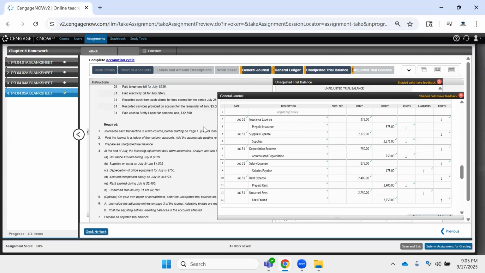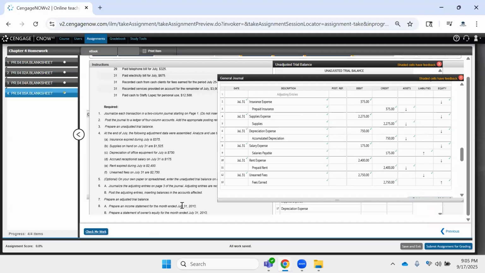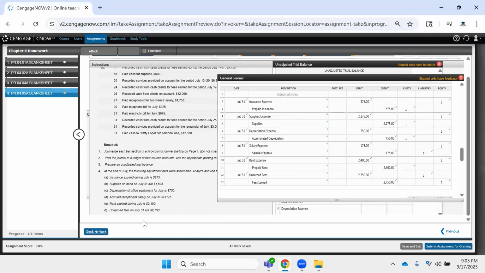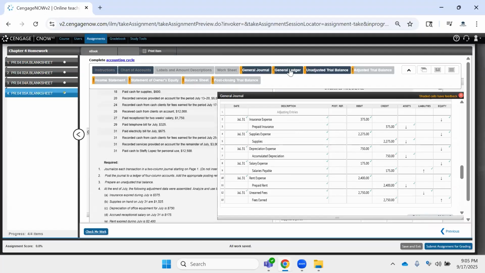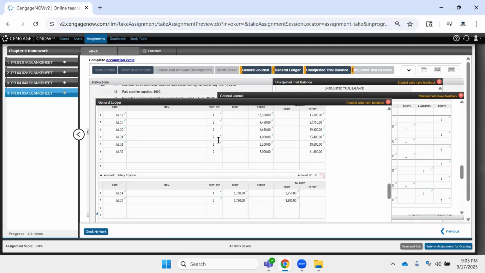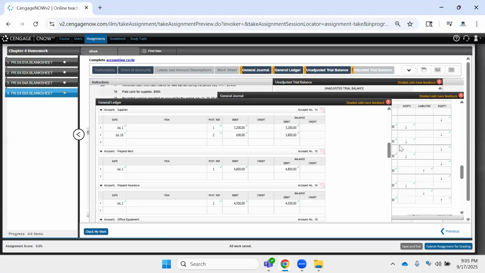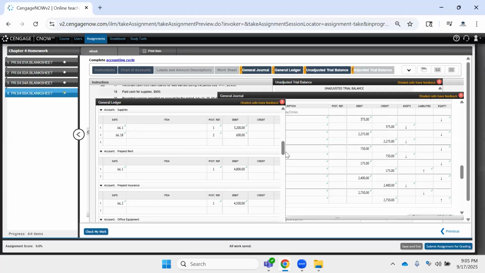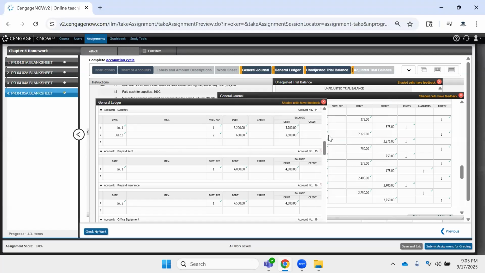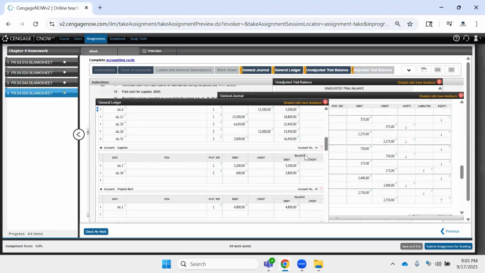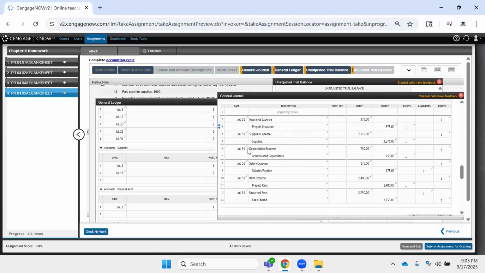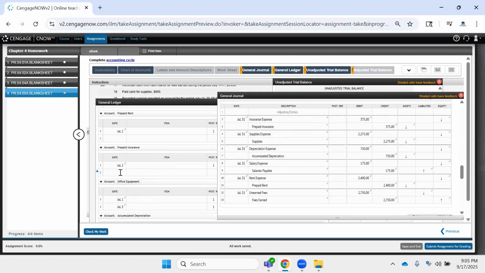So now we're going to post the journal entries to the general ledger. Starting with supplies, we'll just do it in order. So prepaid insurance.